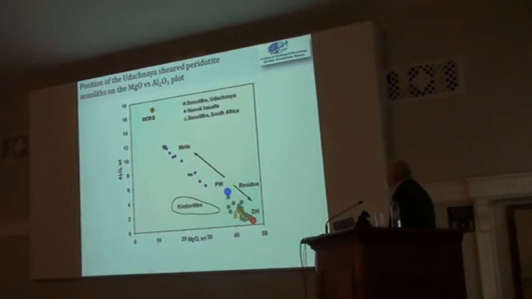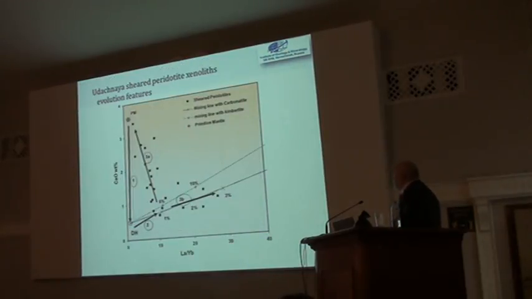Back to sheared peridotite. You see sheared peridotite from the Udachnaya pipe. It's the green squares. And it's depleted, here is primitive mantle. Here is practically the full range. Evolution from primitive mantle goes like this.